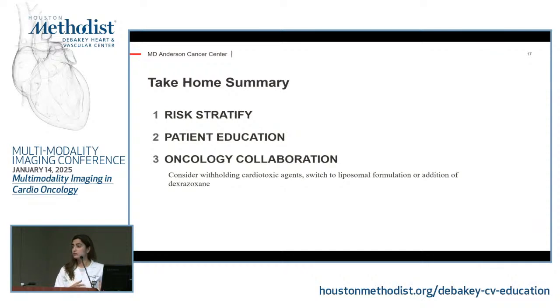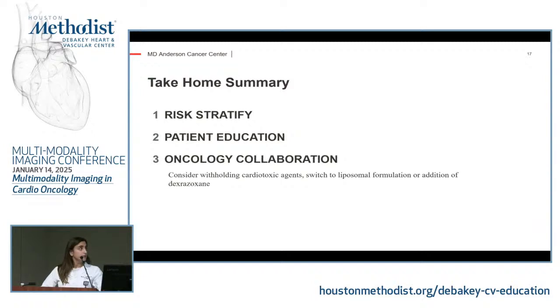The higher risk patients are the ones that the conversation with the oncologist becomes more robust, adjusting agents using liposomal-based anthracyclines or other cardioprotective agents. So this is the story of imaging in this cardiotoxic cardiomyopathy picture that we often look at.